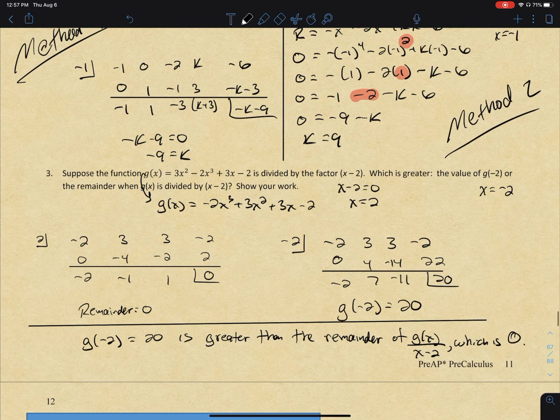Cool. That concludes the first half of the notes, and that is the remainder theorem.